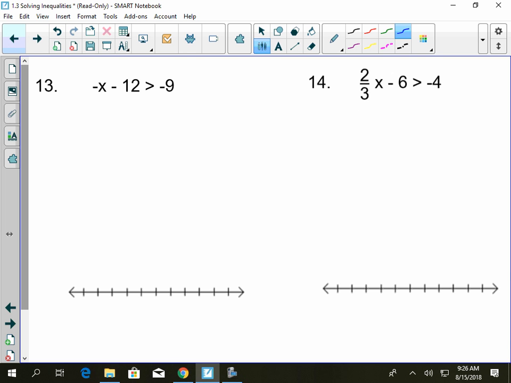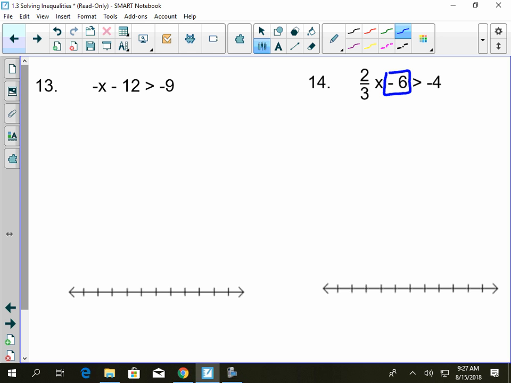Okay, we're going to do one more, number 14. I want to show you this because what is your first step here? You have to get rid of the loner first.